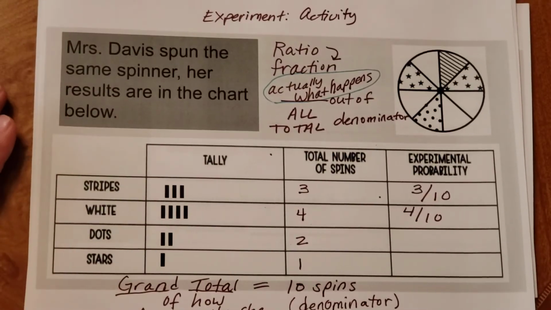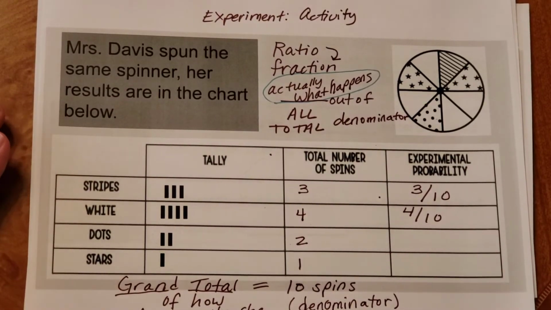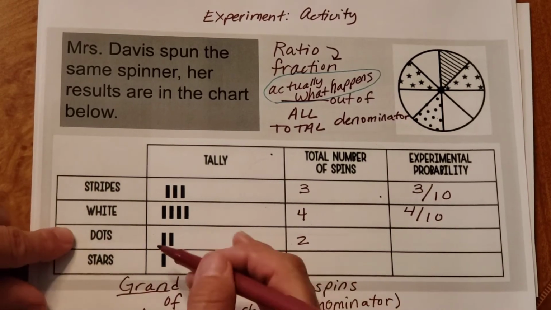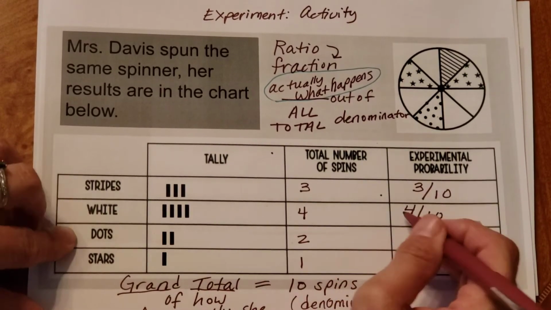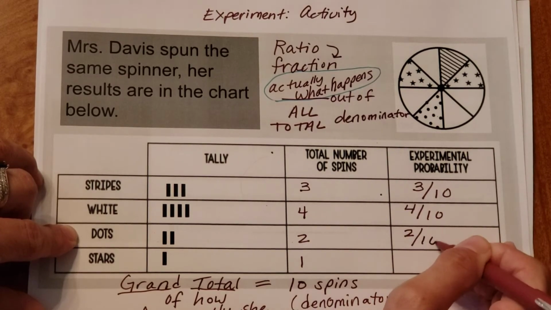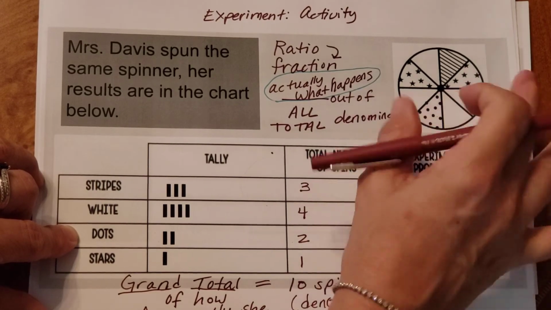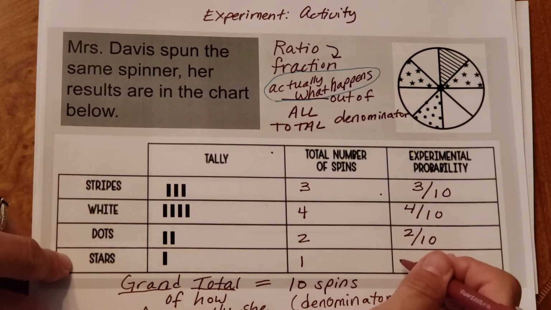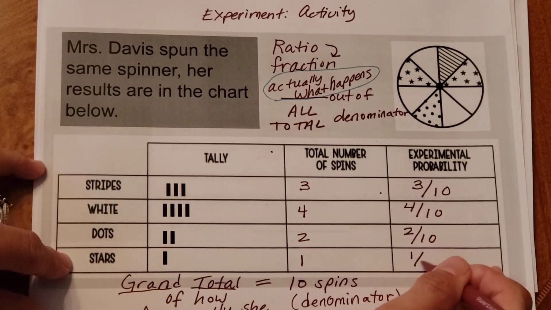Okay, so in class, I had some of the students trying on creating the fraction. So on this one, you would put that there were 2 times that the dots showed up out of the 10 times she did the activity and did the spinning. She spun it 10 times. And for the stars, it came out 1 out of 10.